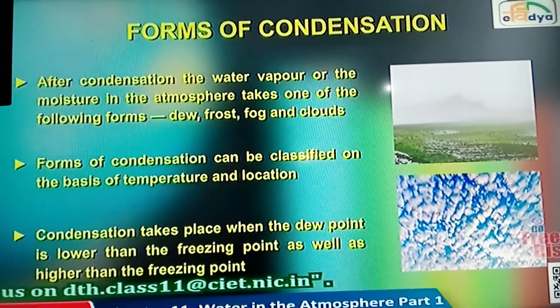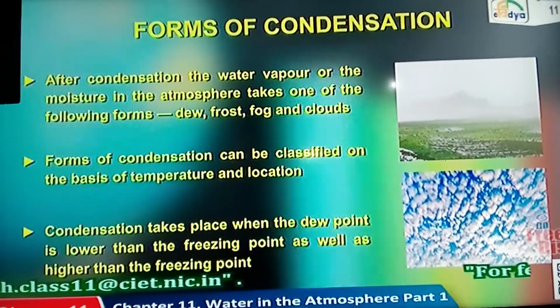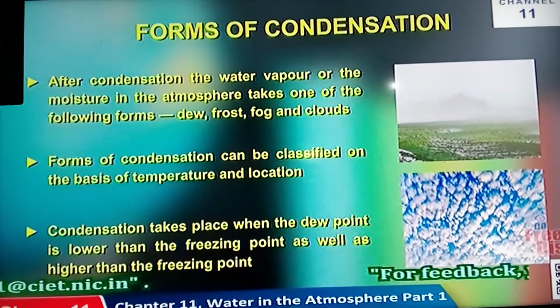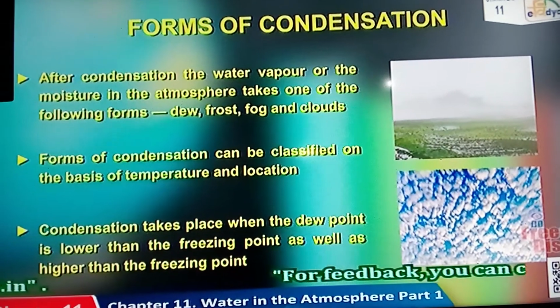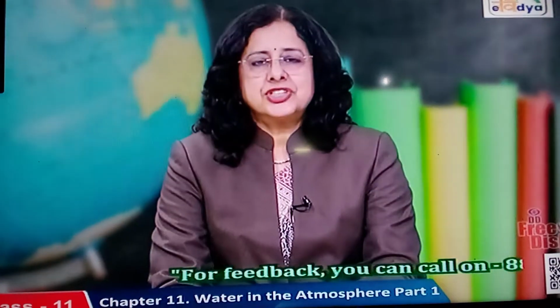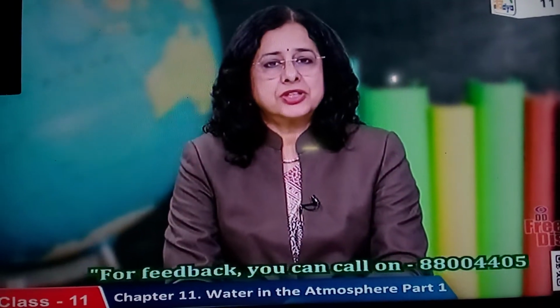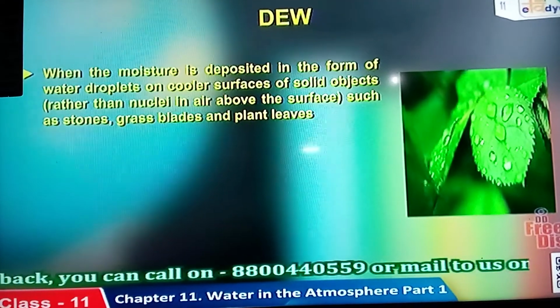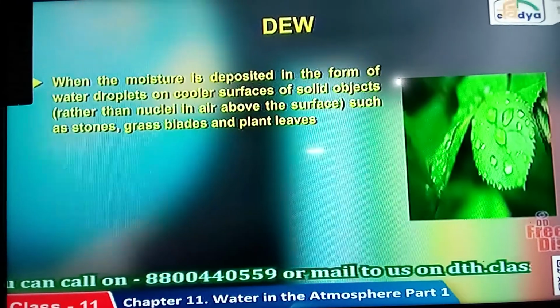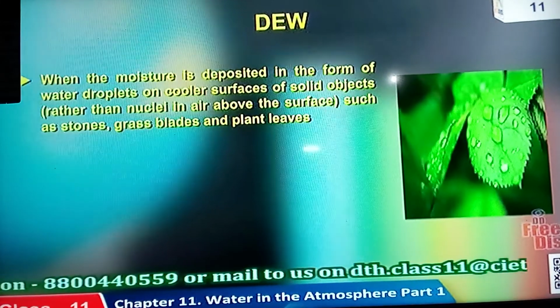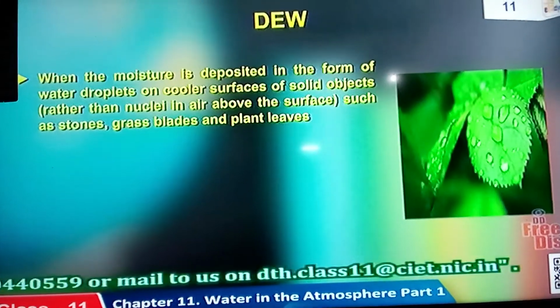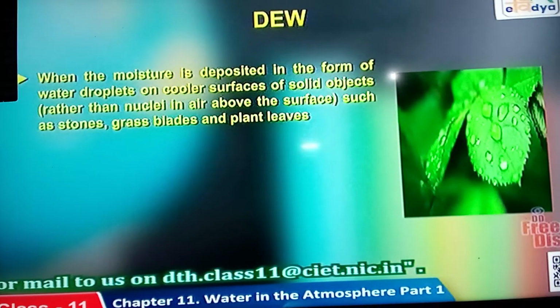Condensation takes place when the dew point is lower than the freezing point as well as higher than the freezing point. Now, dew is when moisture is deposited in the form of water droplets on cooler surfaces of solid objects, such as stones, grass blades, plant leaves. When you go for a morning walk, you must have observed that the grass is a little wet.